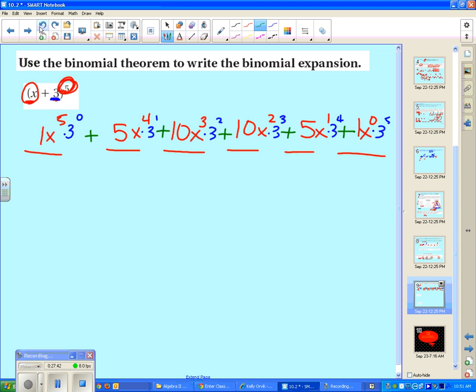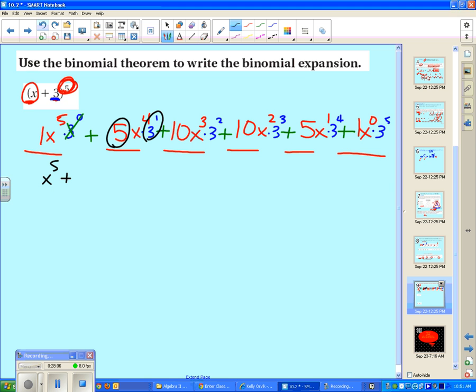Okay, so 3 to the 0 is what? Nope, 1. So I'm going to get rid of that because if I multiply by 1, that really doesn't change my problem at all. So 1 times x to the fifth, that's just x to the fifth. Plus, okay, we have to simplify the number part.